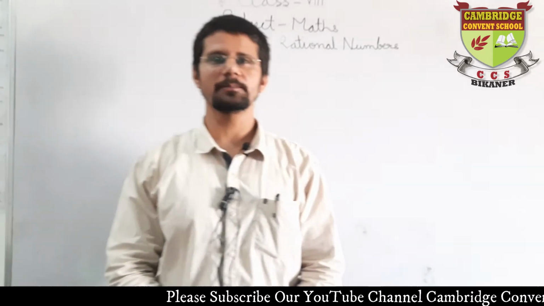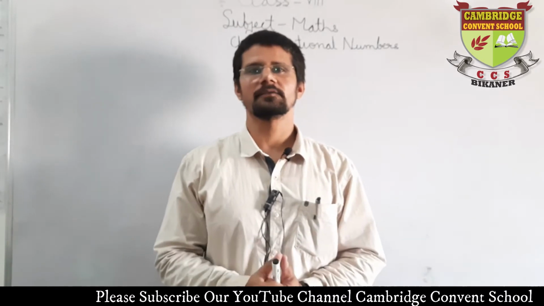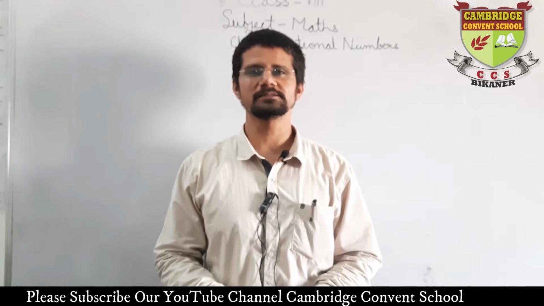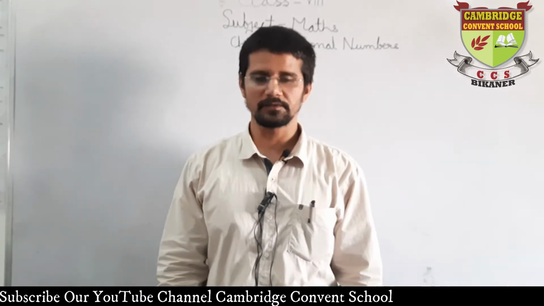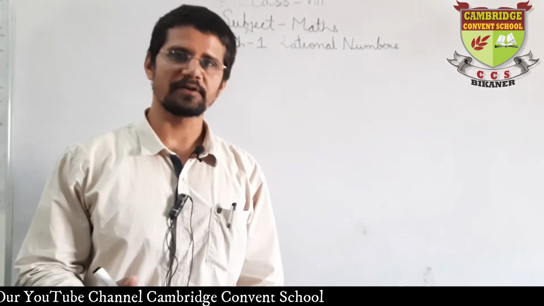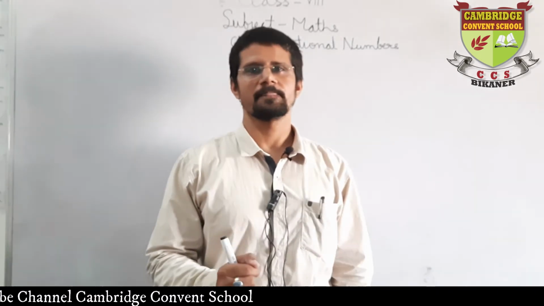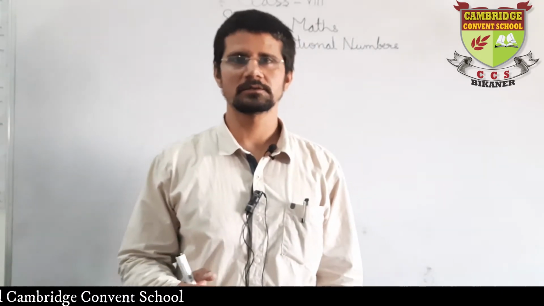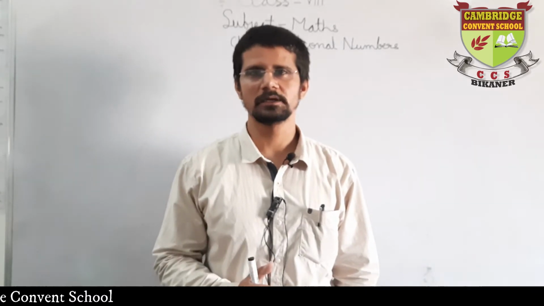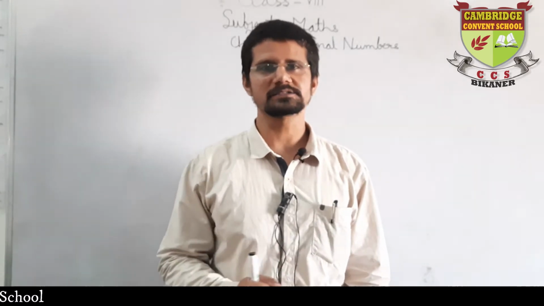Yes, students, in the previous class we started chapter 1 of class 8th, that is rational numbers. We discussed different types of numbers: natural numbers, whole numbers, integers and rational numbers.